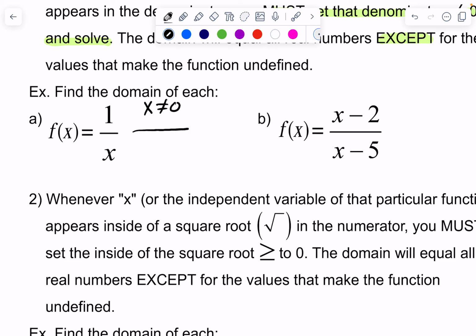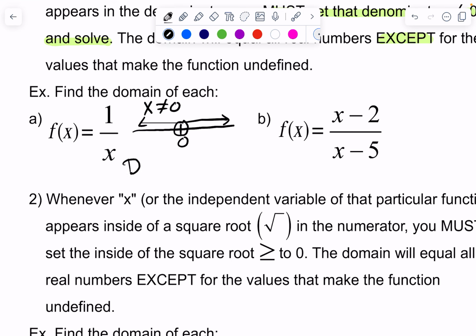So now let's go ahead and put that into interval notation. Go ahead and graph it. We know that x cannot equal 0, so we're going to put an open circle there to symbolize that it's going to be real close to 0, but it can't equal 0. And the values of x can be anything less than 0 or greater than 0.